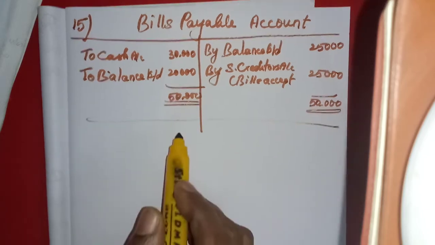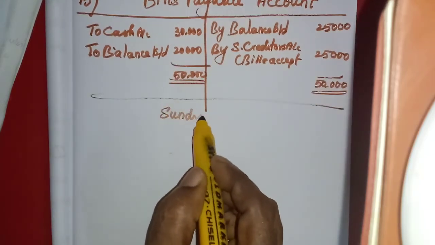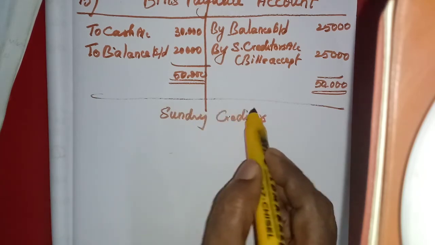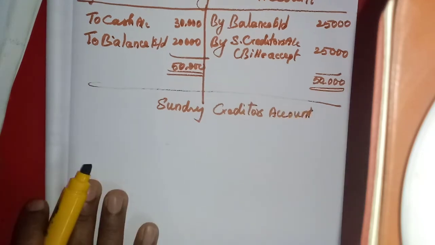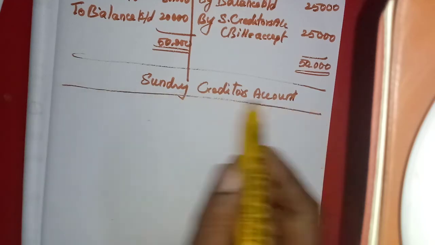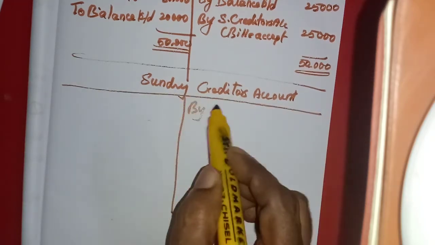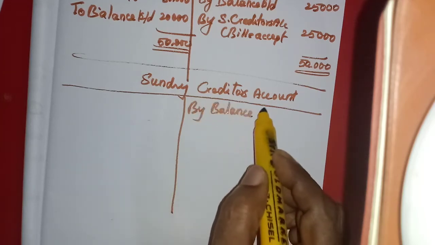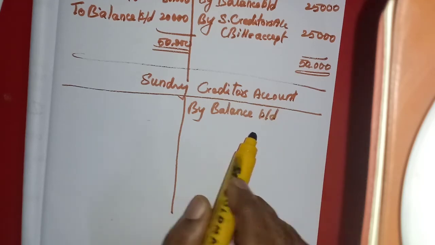Okay, now next account, sundry creditors account. First balance, by balance brought down, sundry creditors opening 30,000.